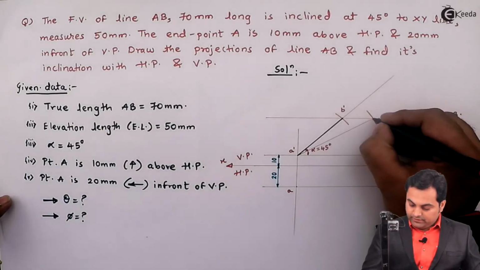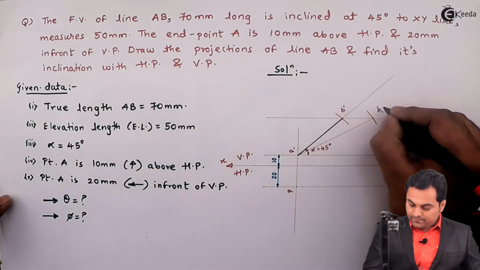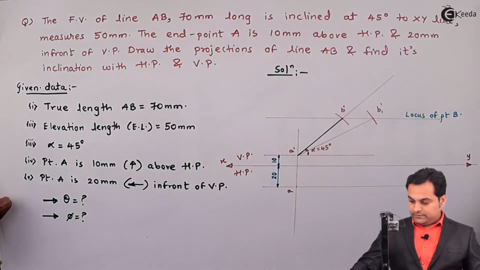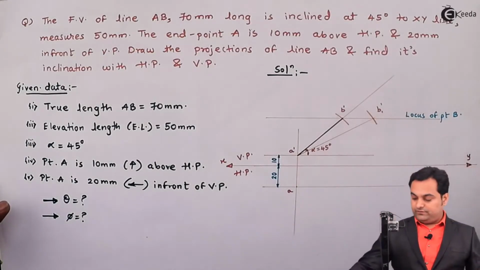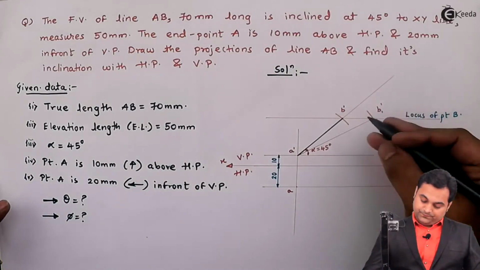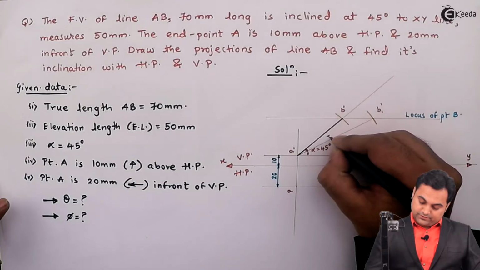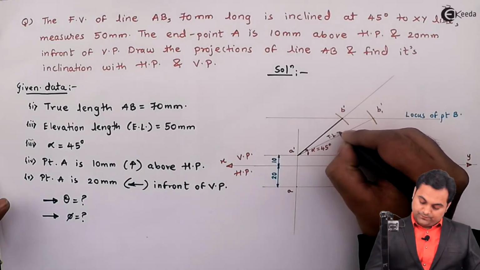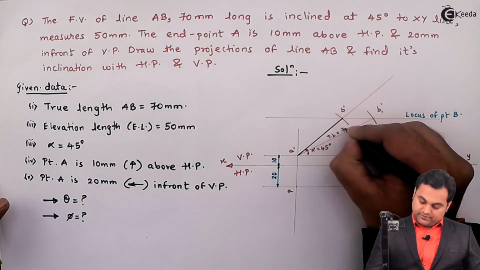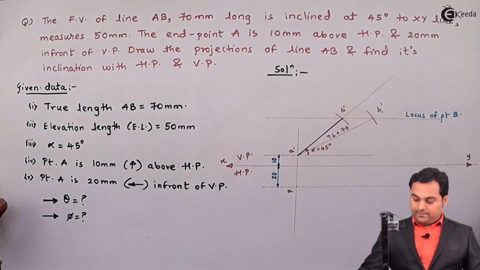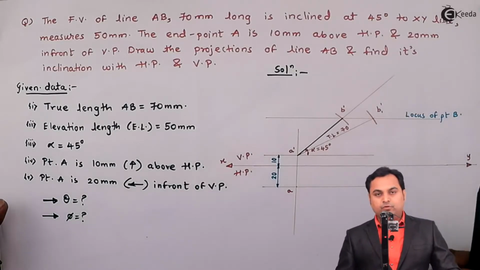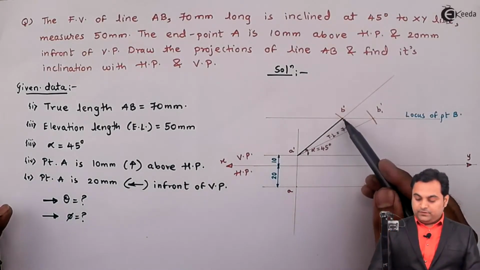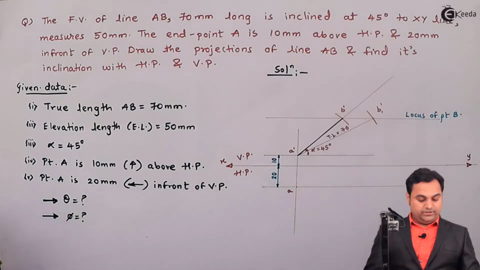Now this point, I'll say it is B1 dash. Next, this indicates the true length of the line. I'll write it down. That is true length is equal to 70 mm.